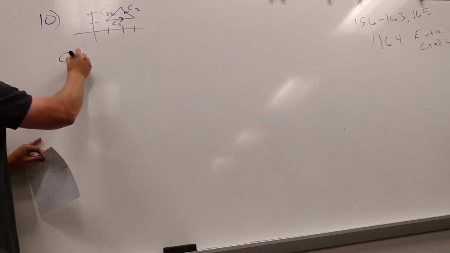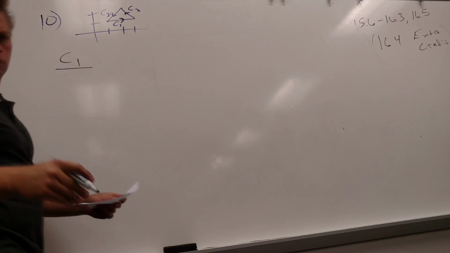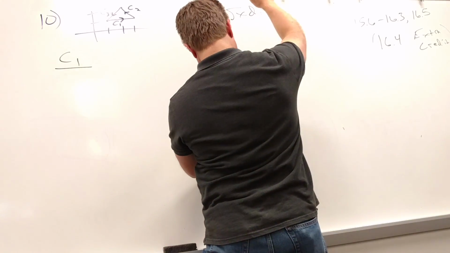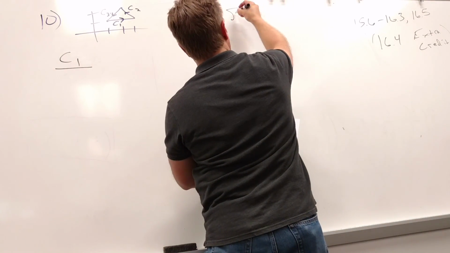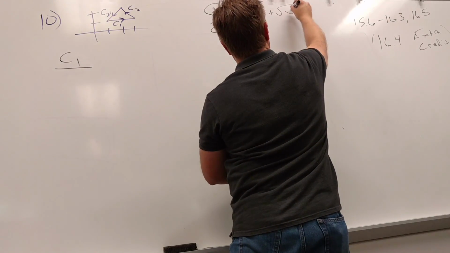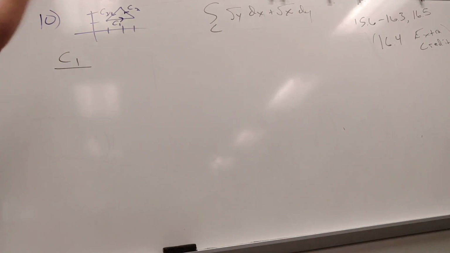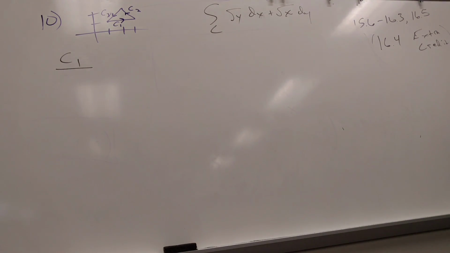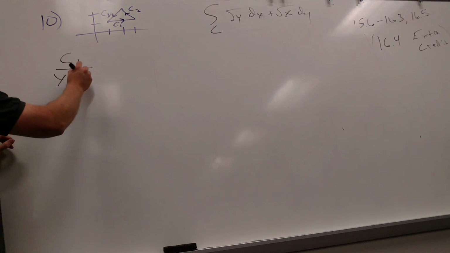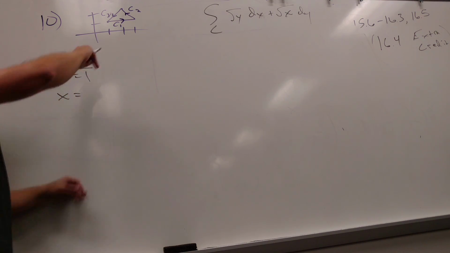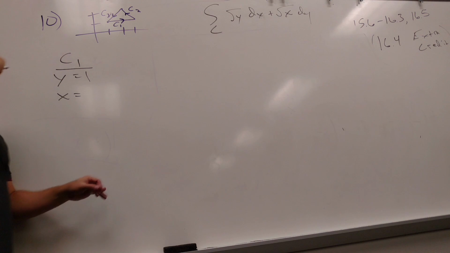So what's true on C1? What's y equal to, for example, on C1? y equals 1, and x starts at 1 and goes to 3.